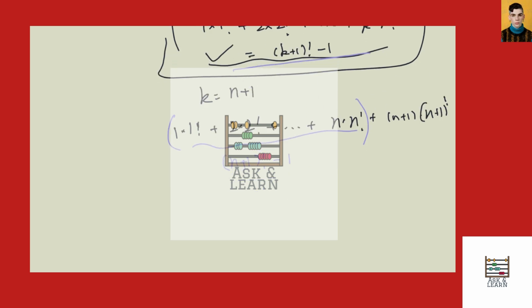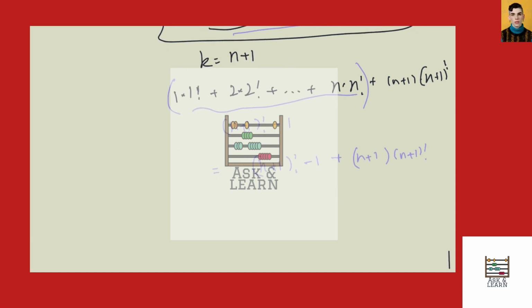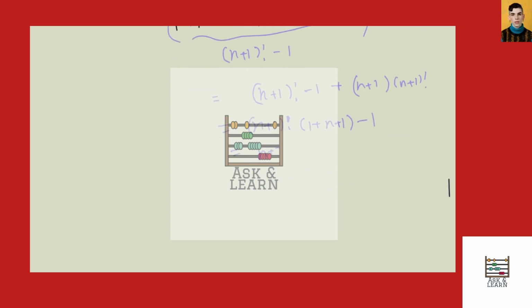So the left side is equal to the factorial of n plus 1 minus 1, plus n plus 1 times the factorial of n plus 1, which is equal to the factorial of n plus 1 times 1 plus n plus 1, minus 1, which is equal to n plus 2 times the factorial of n plus 1, minus 1, which is equal to the factorial of n plus 2, minus 1.